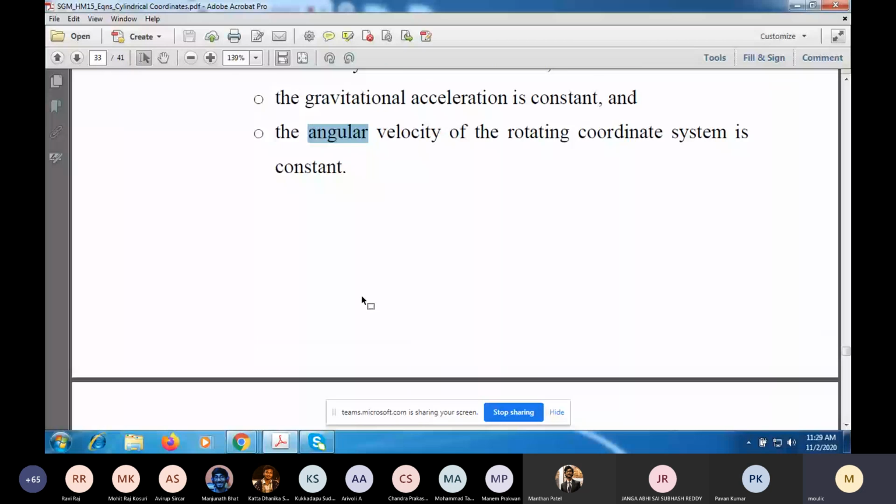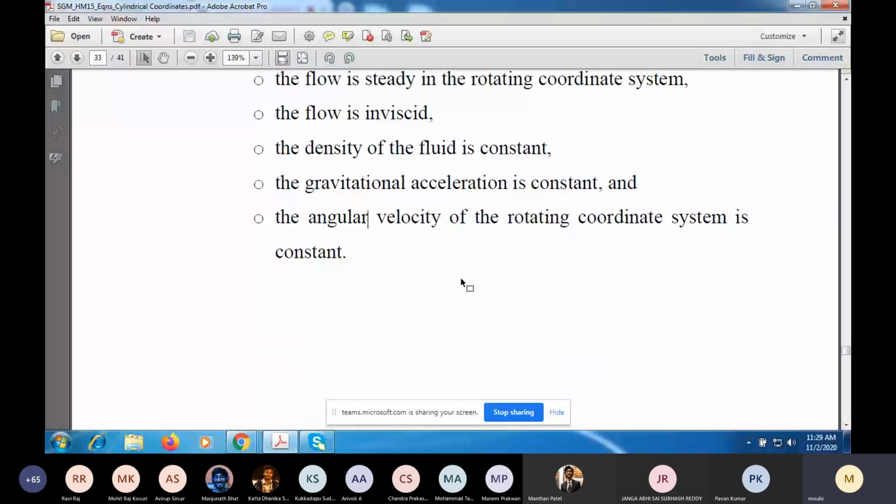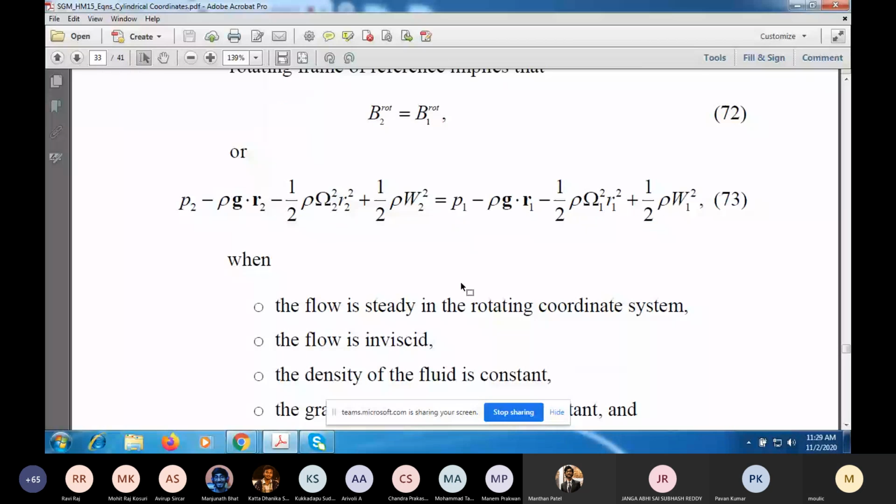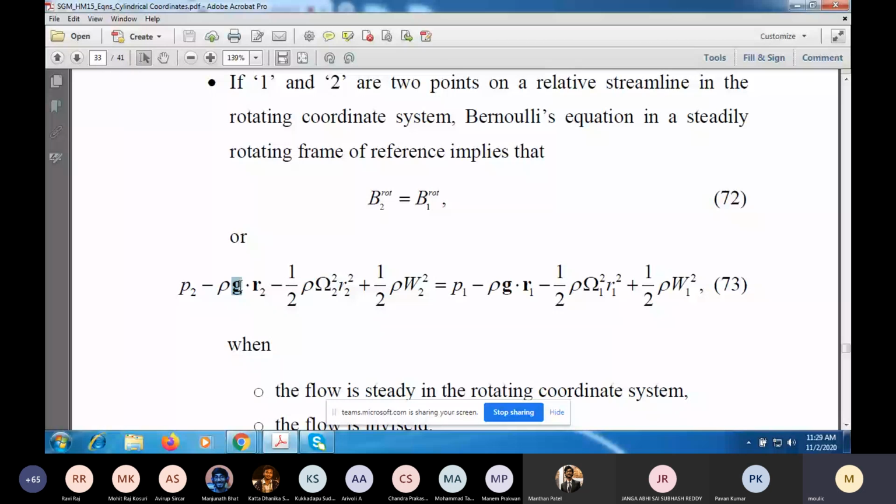Okay. So any queries regarding this? So the most important thing that we have looked at in the rotating coordinate system is this equation, Bernoulli's equation in the steadily rotating frame of reference.